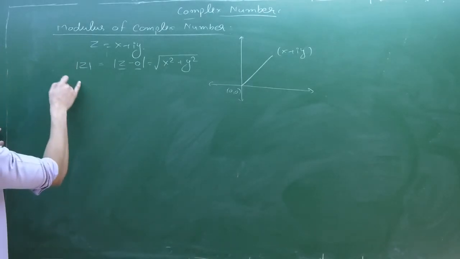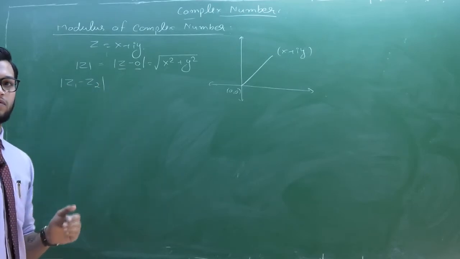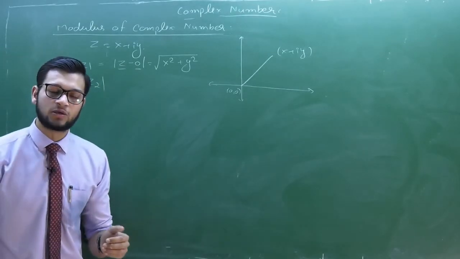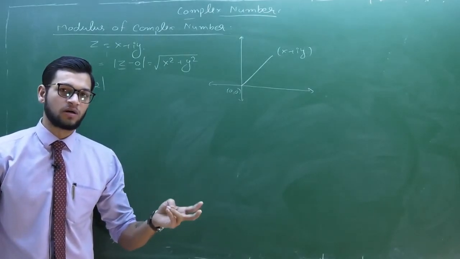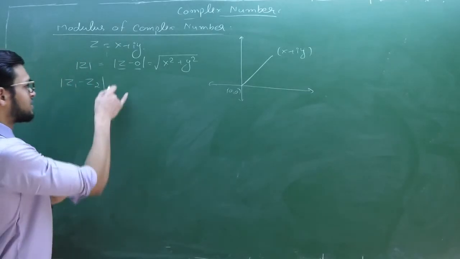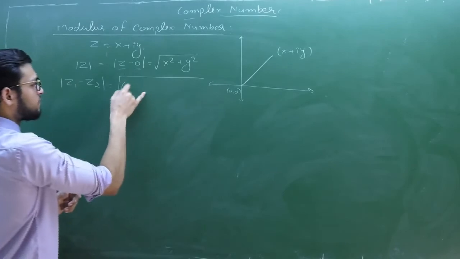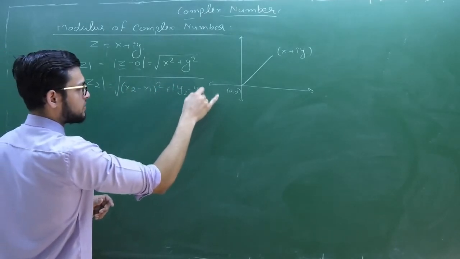Now suppose we have mod of z1 minus z2, where z1 is equal to x1 plus iota y1 and z2 is equal to x2 plus iota y2. If we want to calculate the distance between these two points, then square root of (x2 minus x1) square plus (y2 minus y1) square.